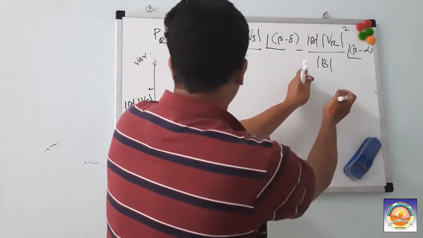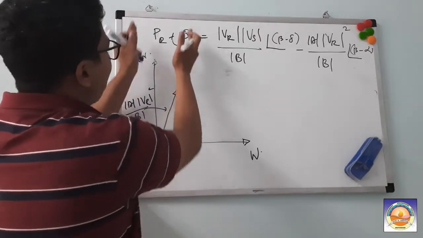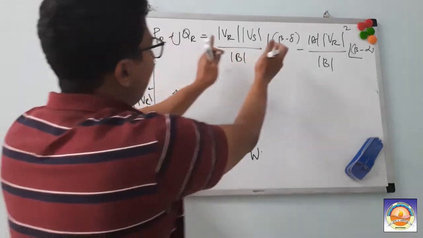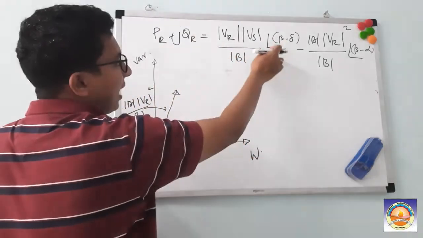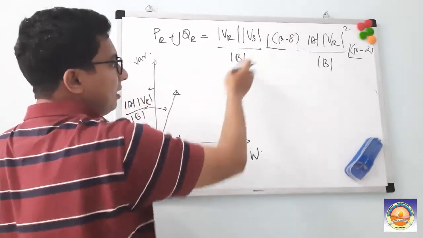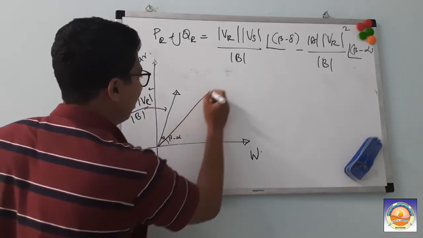As I told you earlier, if I take this one to here, what will become? This phasor plus this phasor, the complex power phasor, will give you this one. So what is the angle of this one? The magnitude of this part is Vr Vs by B, at angle beta minus delta, and it will come like this.